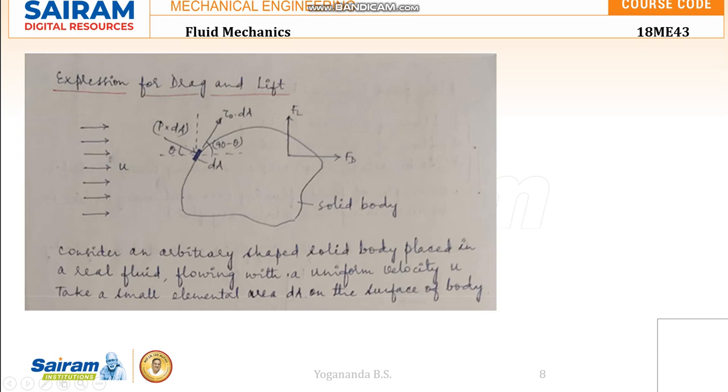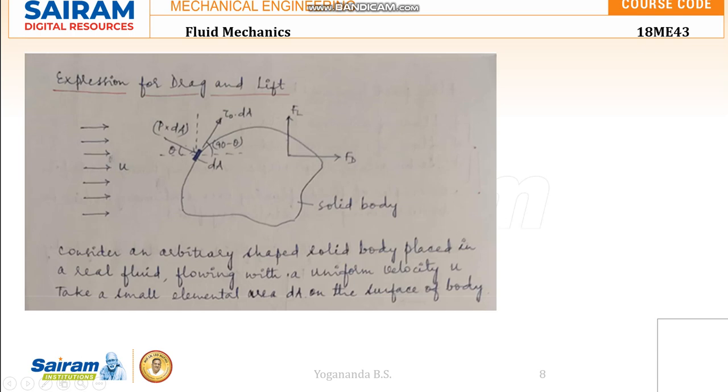So we take here a small elementary area dA on the body surface. The velocity of the flow is given by u. We are taking an elementary area dA here, and FD and FL are the drag force and the lift force, the total drag force and the lift force acting on the entire body.